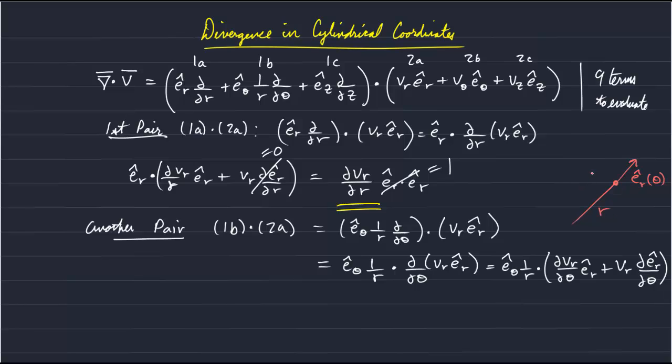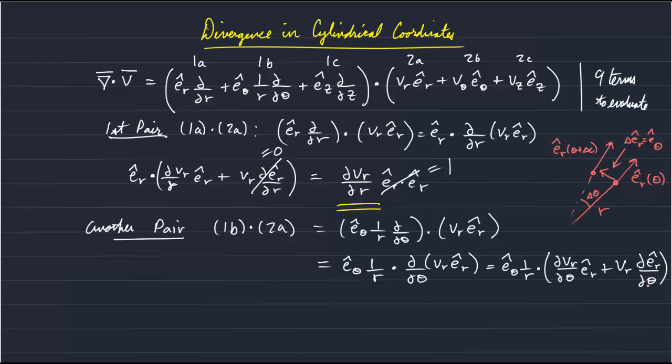If we look at another point, which is rotated by an angle d theta, then e hat r at theta plus delta theta is in a different direction. And it turns out the difference is parallel to the direction of increasing theta.